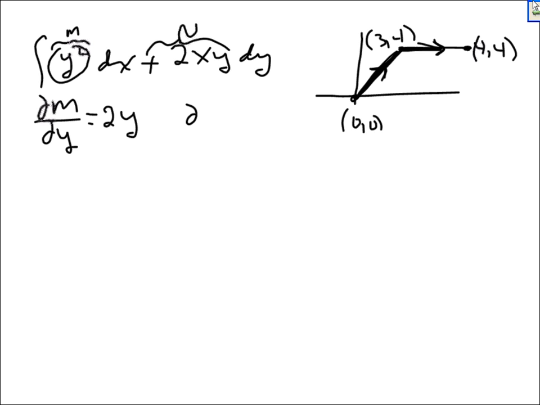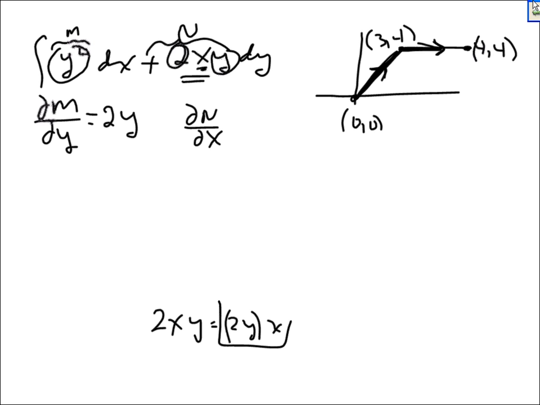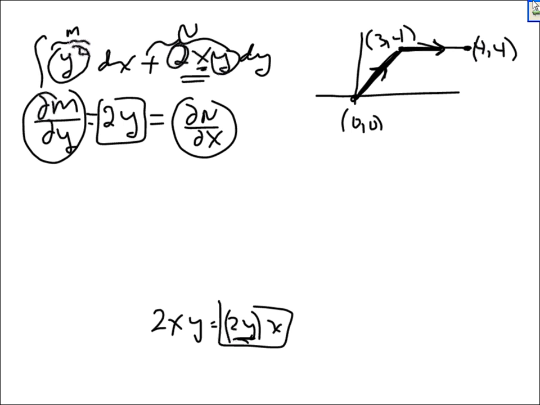And the partial of N with respect to x, well, you have 2y. 2xy, of course, is the same as 2y times x. 2y is a constant with respect to x, so the partial is 2y. Since both of them are equal, there's an easier way of doing this problem.